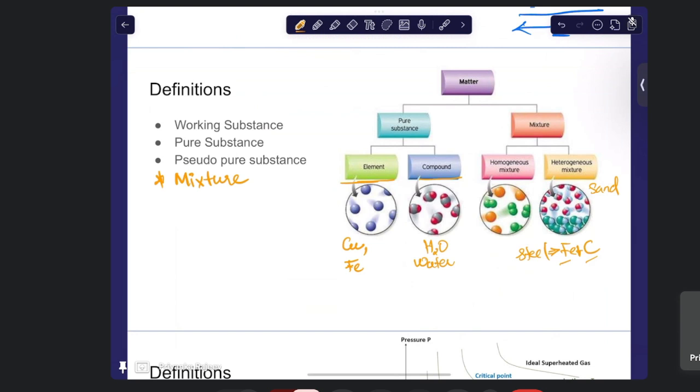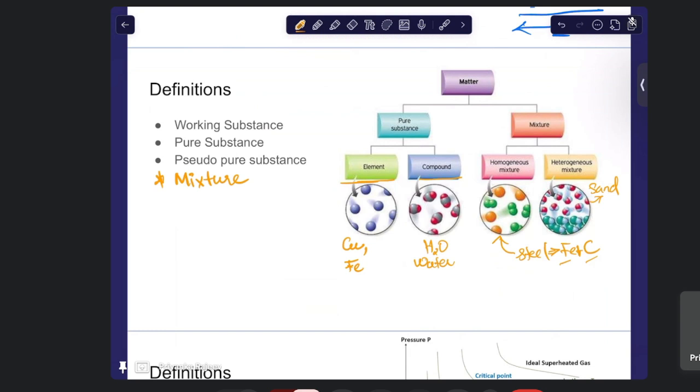You can see the separation between the two compounds that are mixed. But in case of steel, you cannot see the difference, right? You cannot see the iron, metal, and carbon which is present inside the steel. It is completely, uniformly merged together. So that is called homogeneous mixture. So homogeneous and heterogeneous mixture.